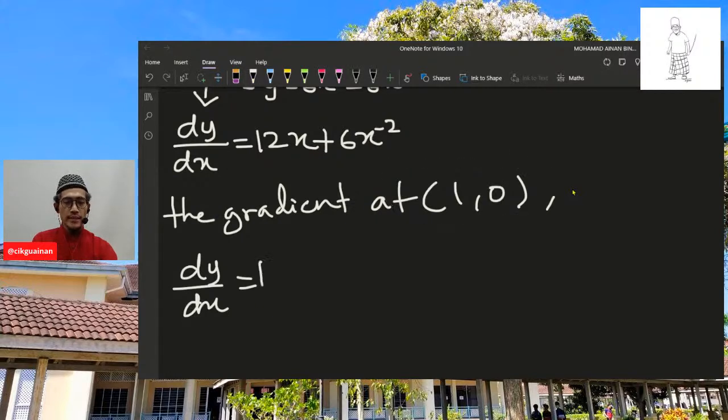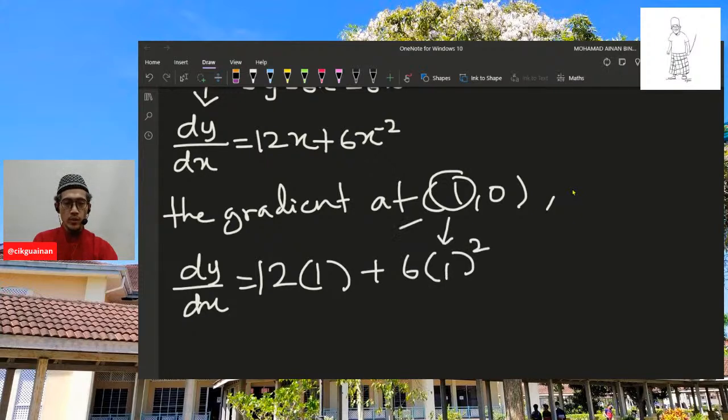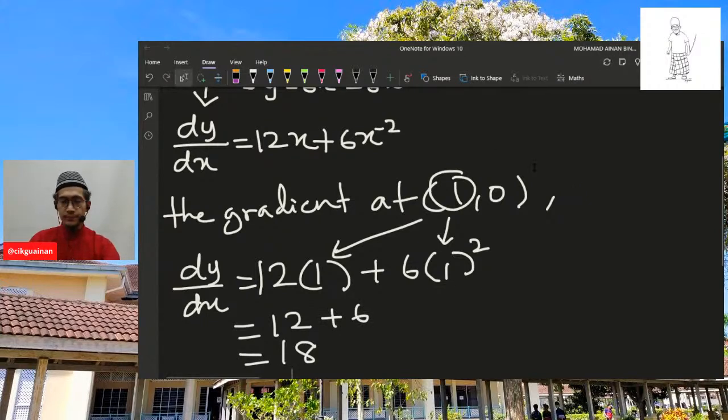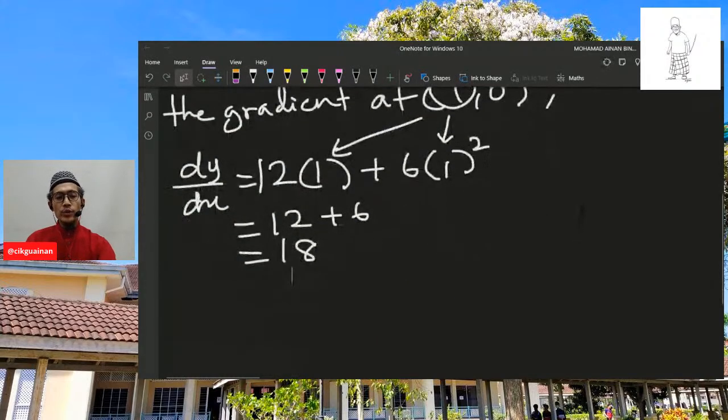So 12x, where x is 1, so substitute 1, plus 6x squared, 1 over there as well. Then it's 12 plus 6, which is 18. Now we know the gradient at 1, 0 is 18.